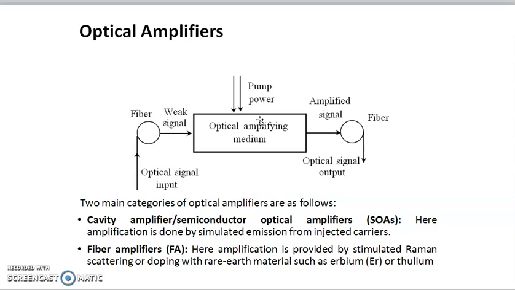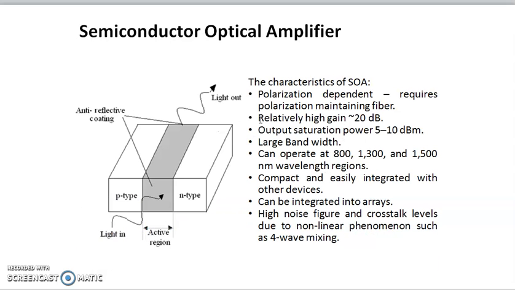There are two main categories of optical amplifier, that is the semiconductor optical amplifier and the fiber amplifier, in which a scattering or a stimulated emission from the injected carrier takes place.